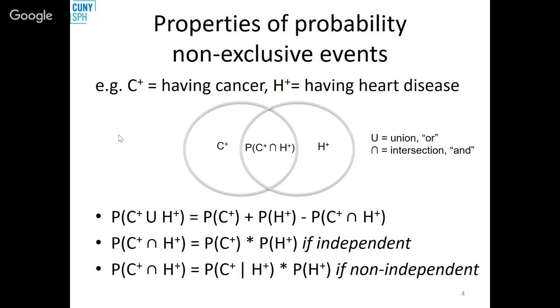And by corollary, if these are independent, then the probability of the intersection of 2 or 3 or 4 or any number of events is just the product of those probabilities. So the probability of all of them happening is just the product of those individual probabilities.